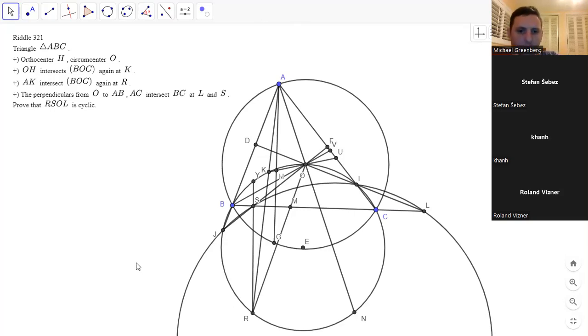So RBJ is. Yeah, so there's just something special about this point R where RBJ is similar to RCL.